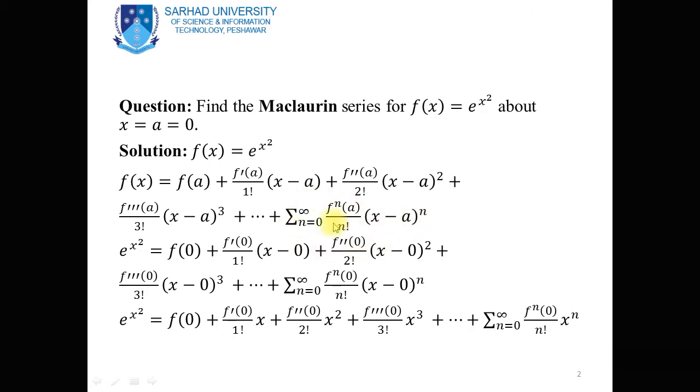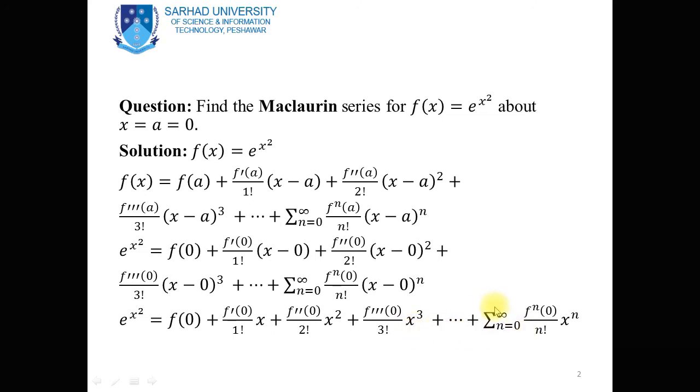So this is actually the Taylor series. If we put in this series a is equal to 0, then the series will be the Maclaurin series. And after putting x is equal to a and a is equal to 0, we obtain the series: function value at x is equal to 0, plus the first order derivative of the function at x is equal to 0 divided by 1 factorial into x, plus second derivative of the function at x is equal to 0 divided by 2 factorial into x square, plus third order derivative of the function at x is equal to 0 divided by 3 factorial into x cube, plus and so on up to n terms.